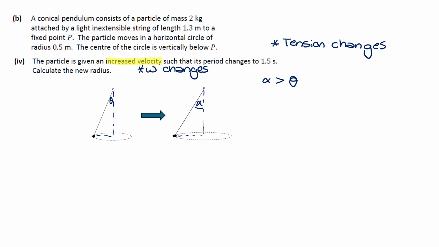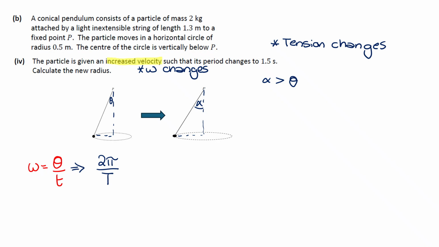The information we've been given is that the period changes to 1.5. The period is the time it takes to do one full revolution. We don't have a formula for that, but on page 51 of the log tables, we are given that omega is equal to theta over t. That can be generalized into 2 pi for a full rotation over t, the period. So we do have a version that we can use with this, but it's not directly from the tables.